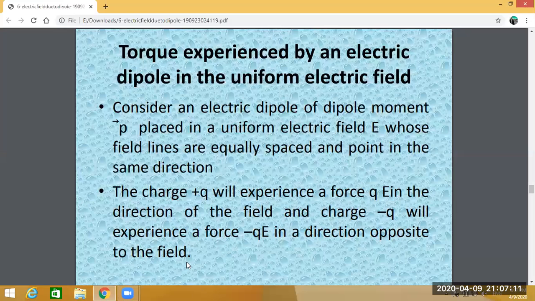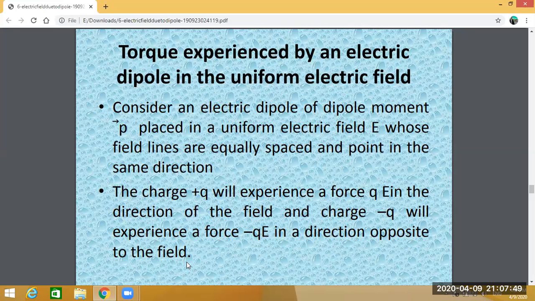So consider an electric dipole of dipole moment P placed in a uniform electric field E, whose field lines are equally spaced, because we know that a uniform electric field is represented pictorially by parallel rays, equally spaced and pointing in the same direction. So the charge positive Q will experience a force QE.